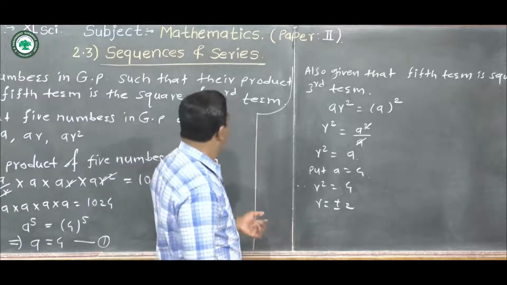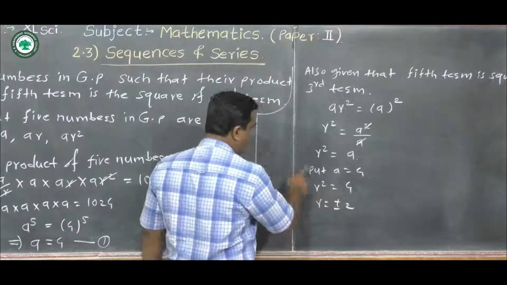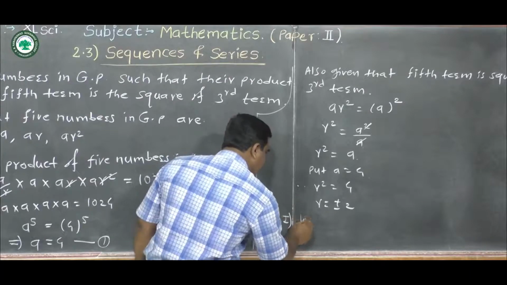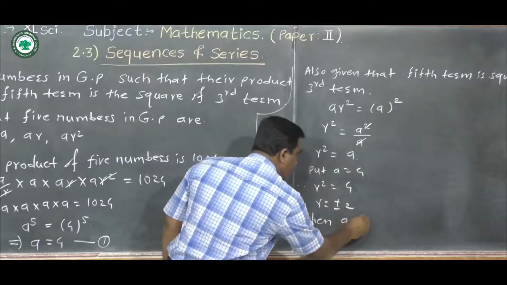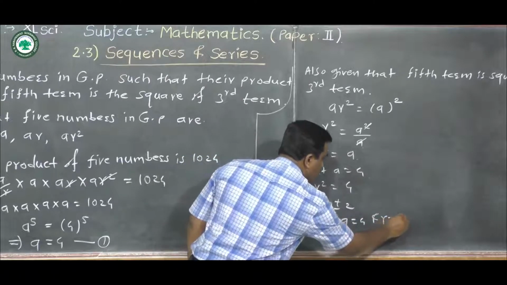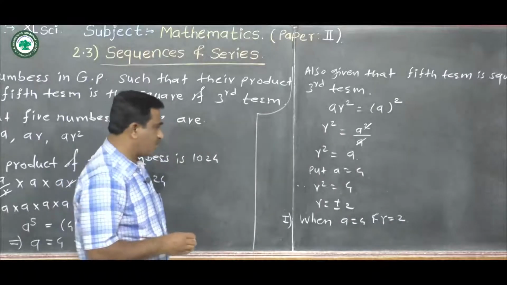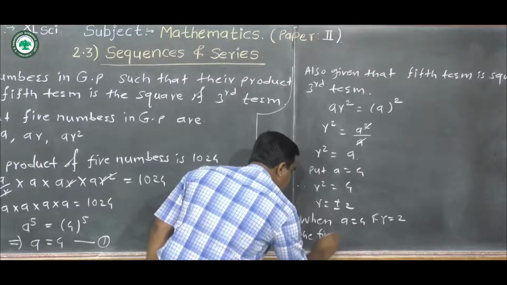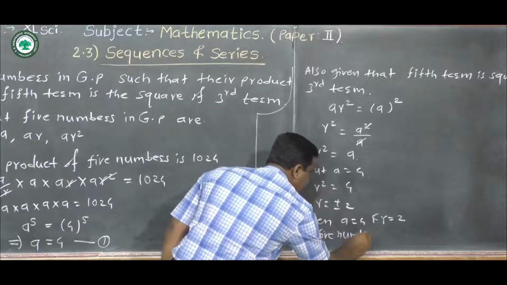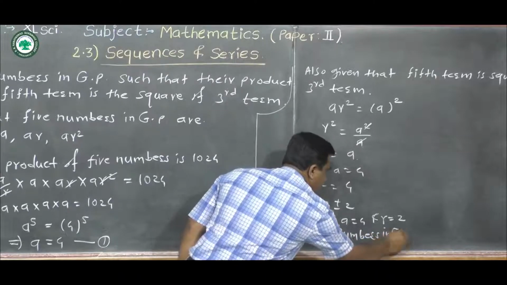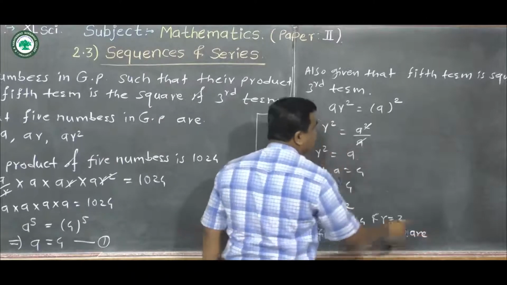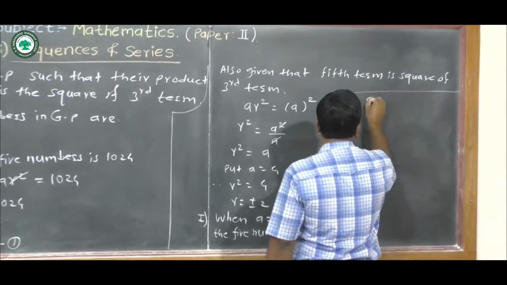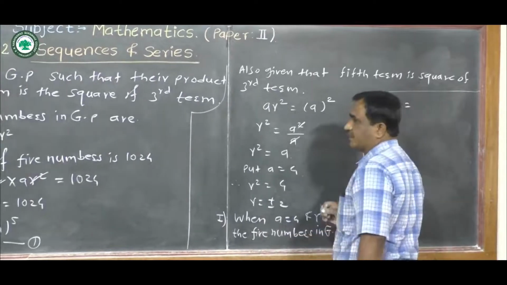Now we have to find the 5 numbers in GP using values of a and r. Now number first here, when a equal to 4 and r is equal to plus 2, the 5 numbers in GP are, first number a upon r square.